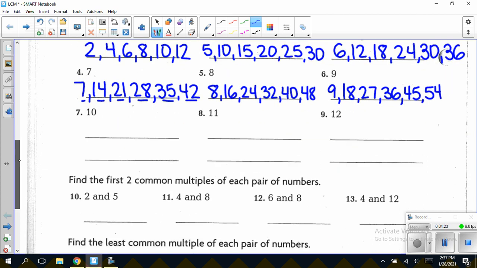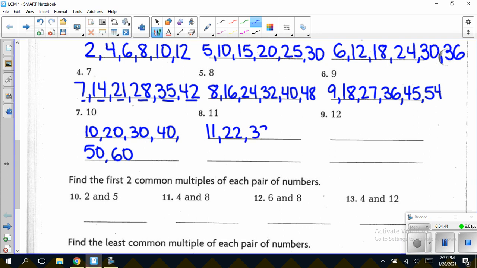Next, for number 7, notice I'm going to be counting by 10s. So 10, 20, 30, 40, 50, 60. Counting by 11s, I have 11, 22, 33, 44, 55, and 66.